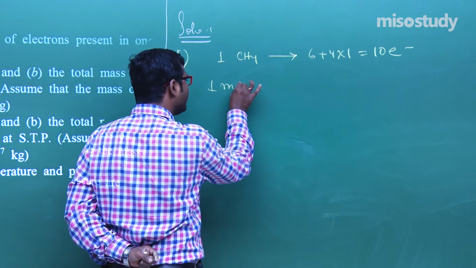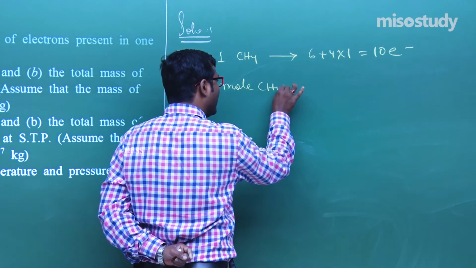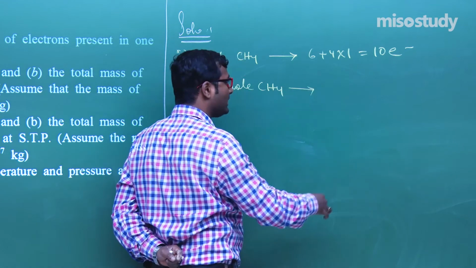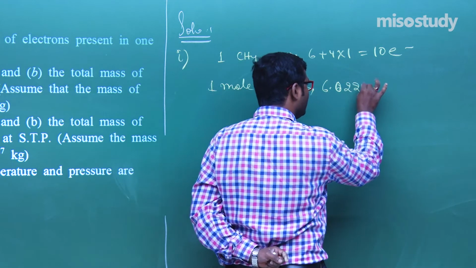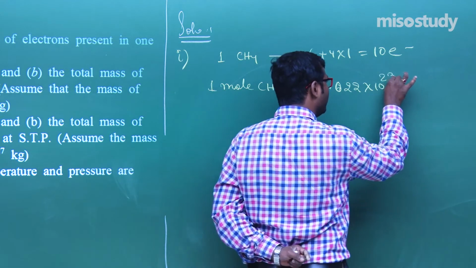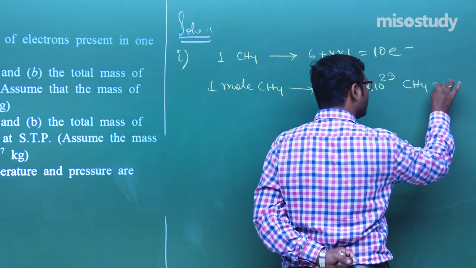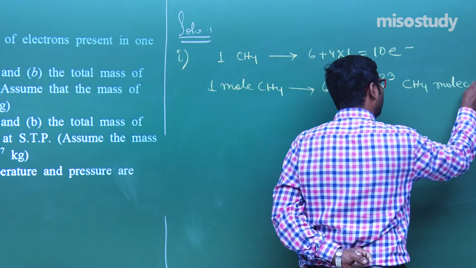1 mole CH4, as we know, contains 6.022 into 10 to the power 23 CH4 molecules. Clear to you?